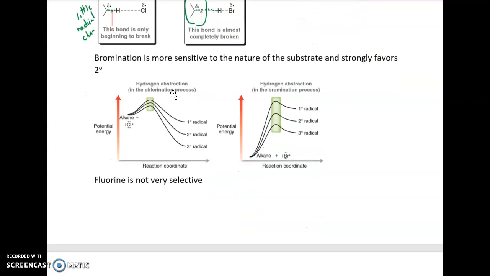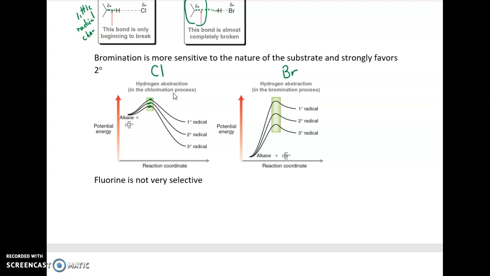This last set of diagrams, this is chlorination and this is bromination. This is the same step, it's the hydrogen extraction. And we're looking at the potential energy of the intermediate. And the potential energy of the intermediate doesn't matter a whole lot whether it's primary, secondary, or tertiary.